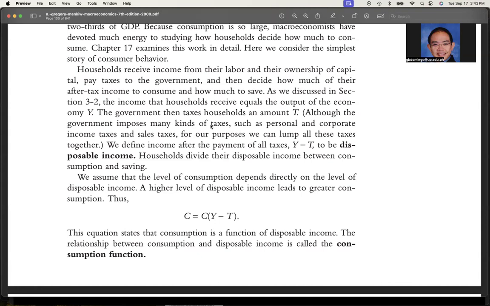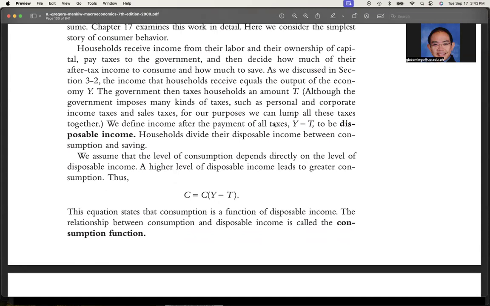In a micro class, it's very important what kind of tax it is, and I would suggest that it is quite important. But in this simplified long-run situation, we will just lump everything together as capital T, all of the taxes.